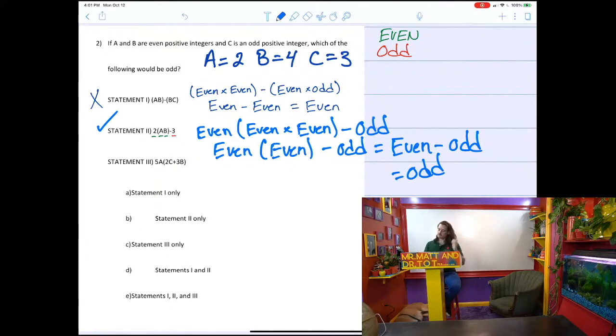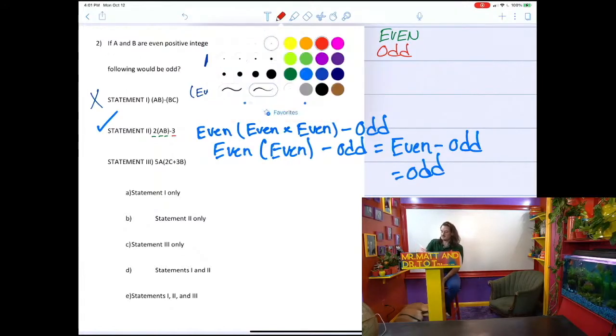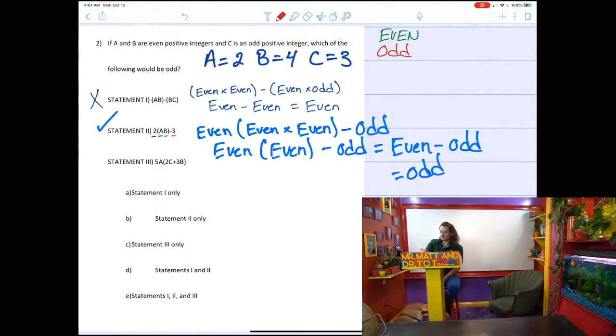And then statement 3, if we go through the same type of characterization, 5 is an odd number, times A, which has to be an even number, times the quantity an even, times C, which is an odd, plus 3, which is an odd, times B, which is an even.